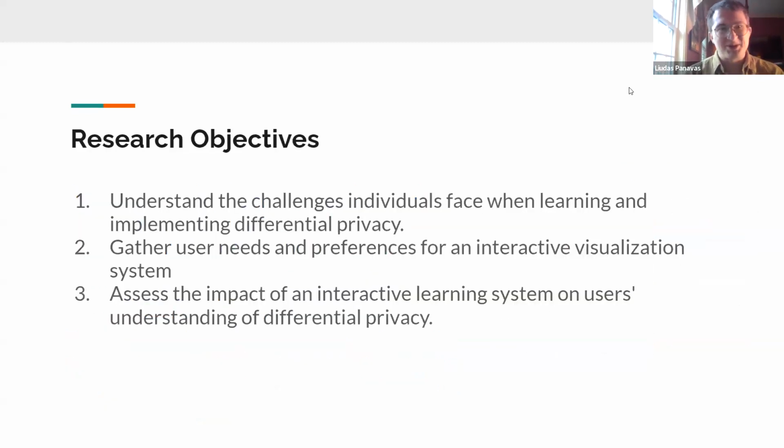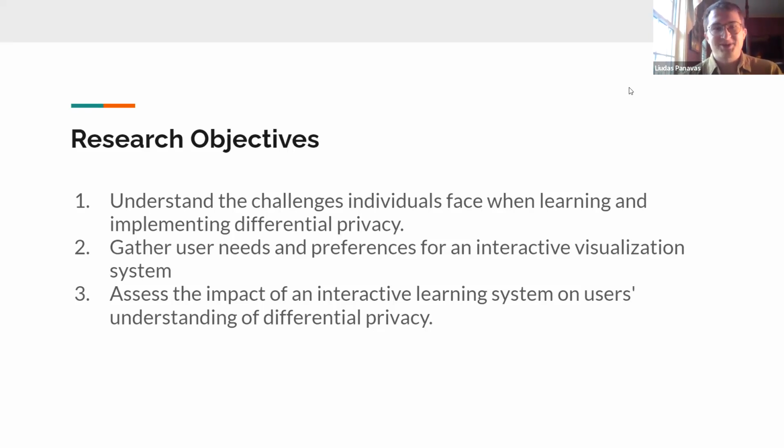So with that being the goal, we have three research objectives. The first is to understand the challenges individuals face when learning and implementing differential privacy. This is the interview portion and what I was doing over the summer. It's actually asking people, when you try to implement differential privacy or when you were on a team that had to do this, what were the issues that you faced and how maybe they could be fixed.